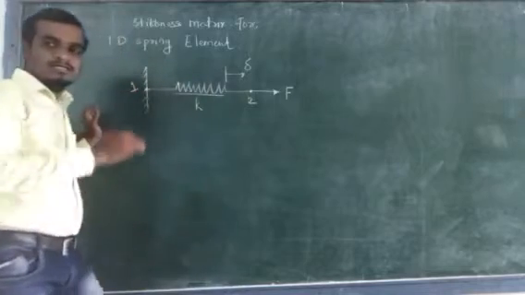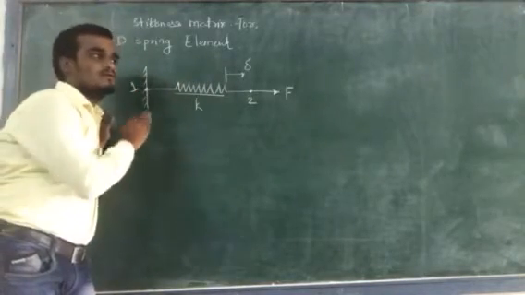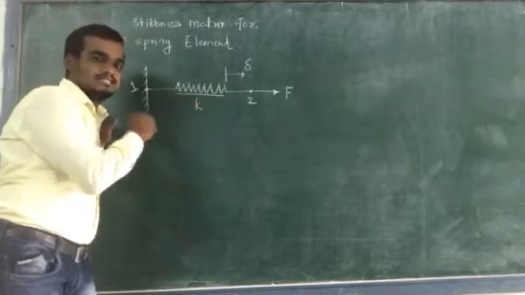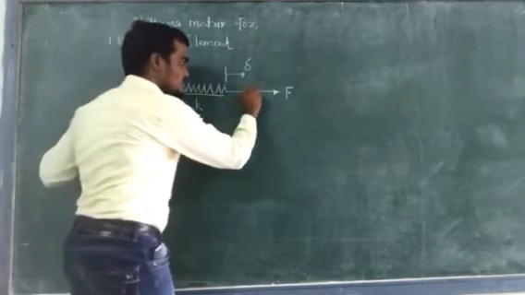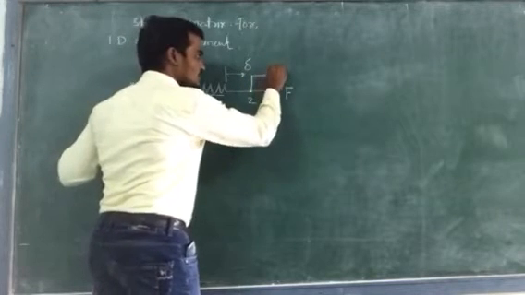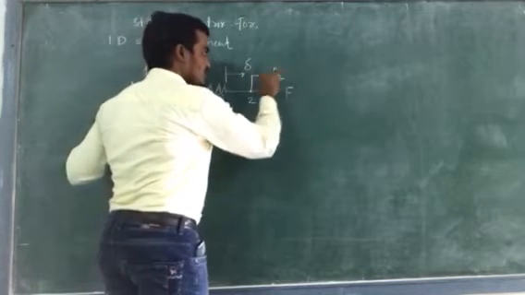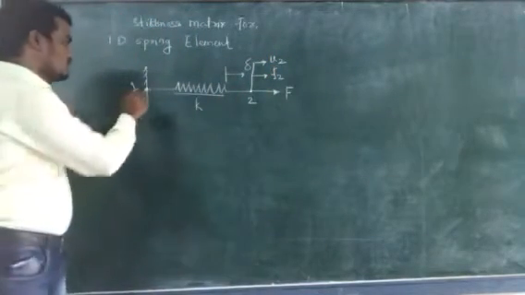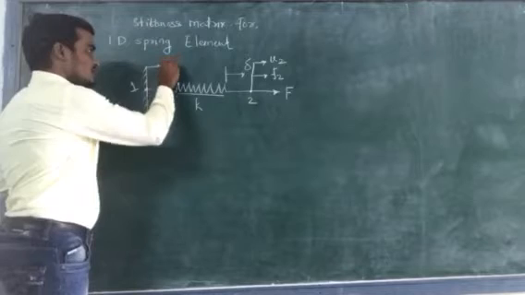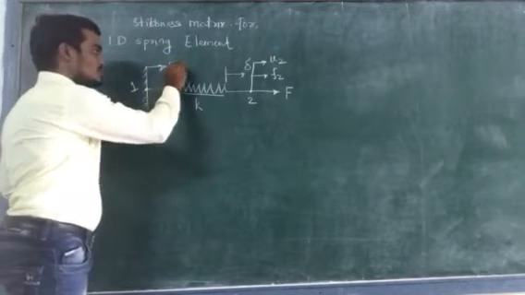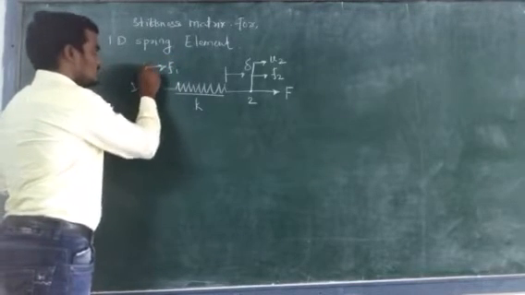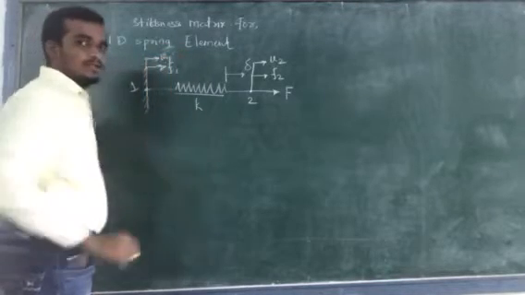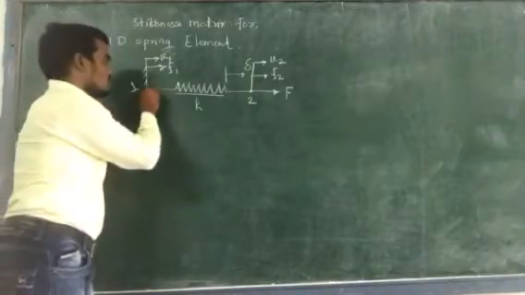Similar to the one-dimensional bar element, we consider nodal forces and nodal displacements. Suppose this is F2 and this is the nodal displacement U2. Similarly, for node 1, F1 is the nodal force acting at node 1, and U1 is the nodal displacement at node 1.